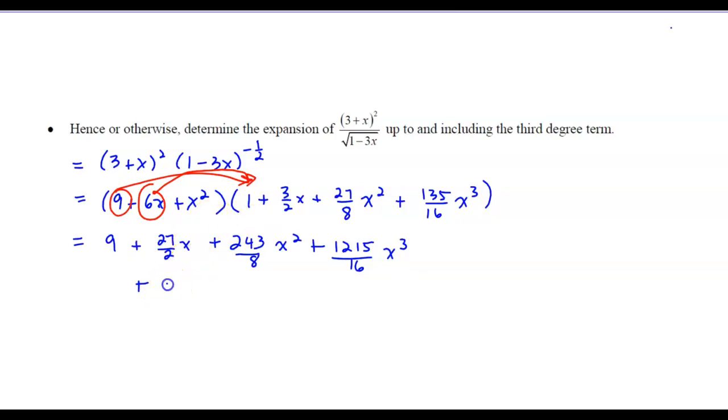So that's actually going to be what? 9x plus, oh, sorry, not 9x, 6x plus 9x squared plus 81 over 4 x cubed.